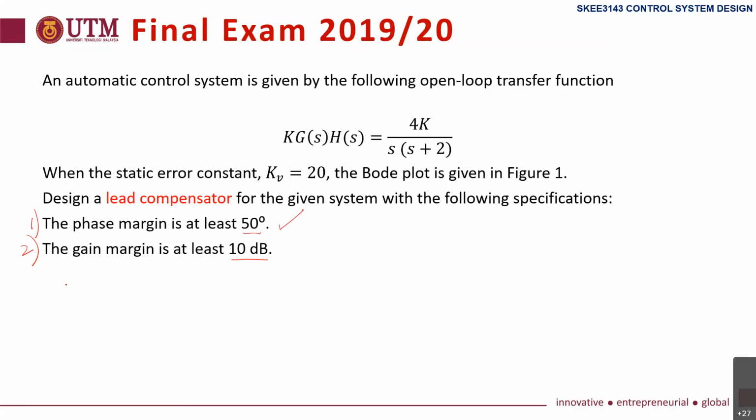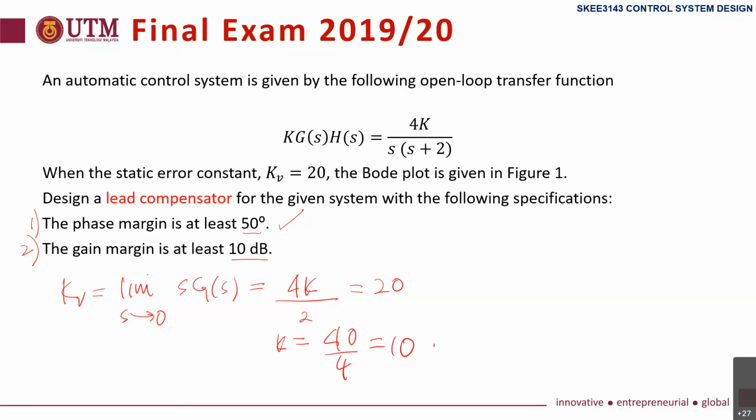Let's start by looking into Kv so that we know the value of K. Kv is the limit as s goes to 0 of sG(s). We solve the formula, we get 4K over 2 equal to 20. Then we can solve for K. K is 40 over 4, 10.